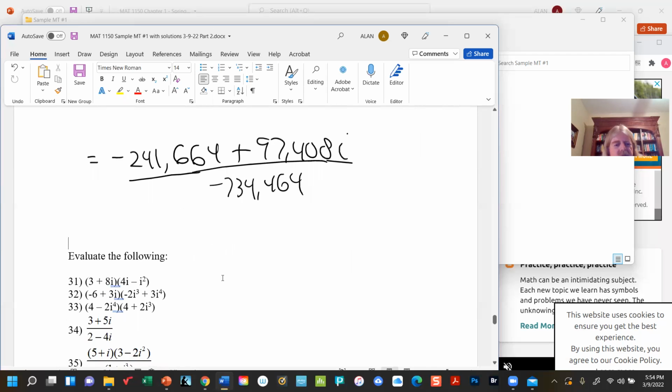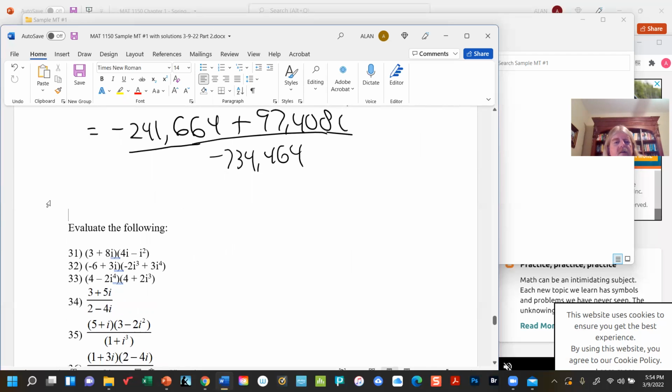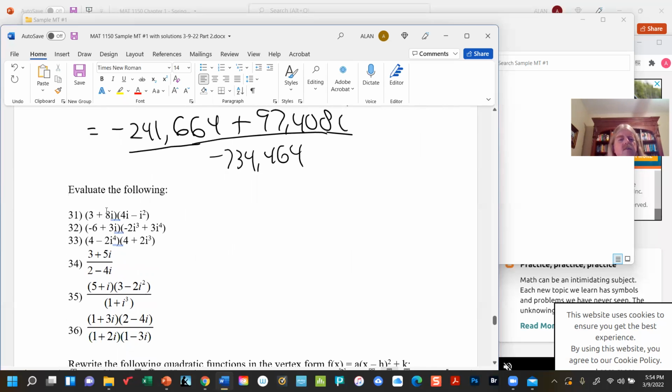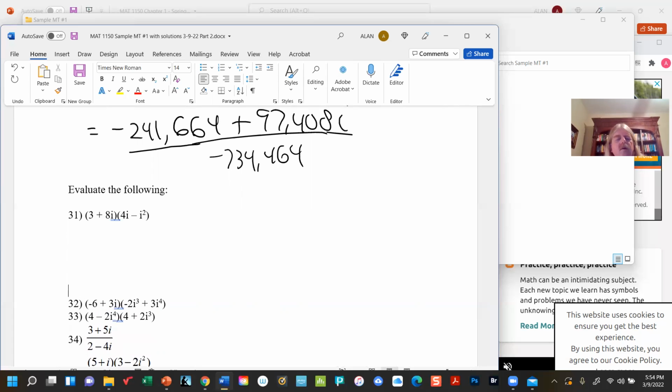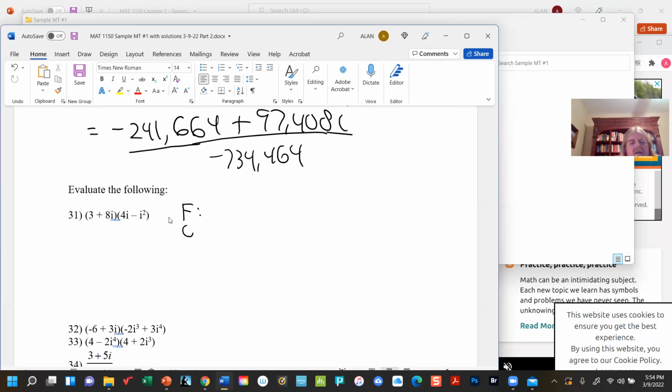All right, now here's some more. Now, of course, we've already covered a lot of this, but again, it's good practice. So like here, for example, we have FOIL, but we're going to still end up with higher powers of i. So let's see how that works out. 12i for F, O is minus 3i squared.